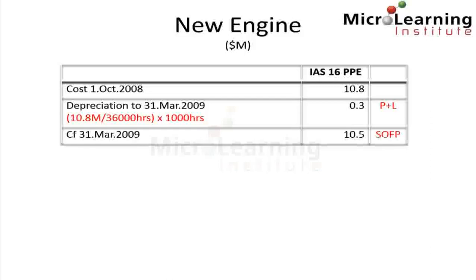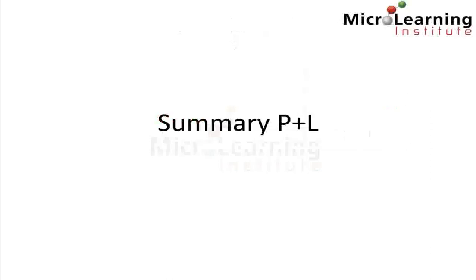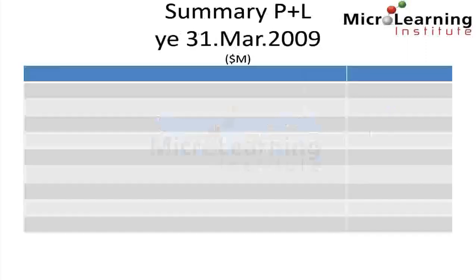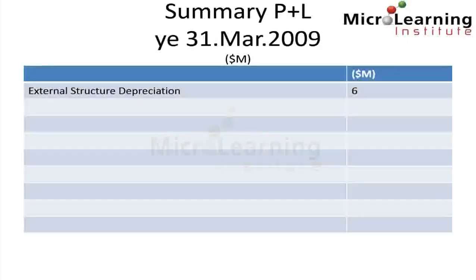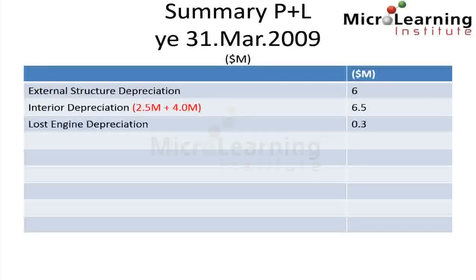So in summary, on the P&L for all of these transactions, we have the external structure depreciation of $6 million. We have interior depreciation totaling $6.5 million. We have the depreciation on the engine that was lost totaling $300,000. We have the lost engine write-down of $6 million.